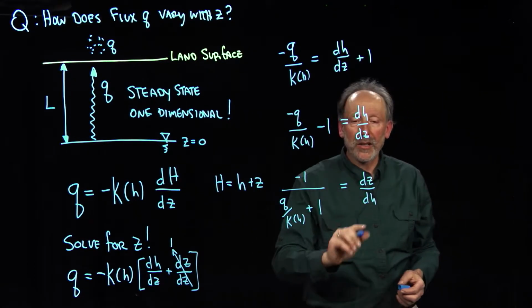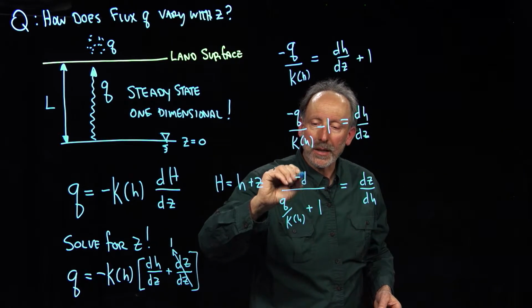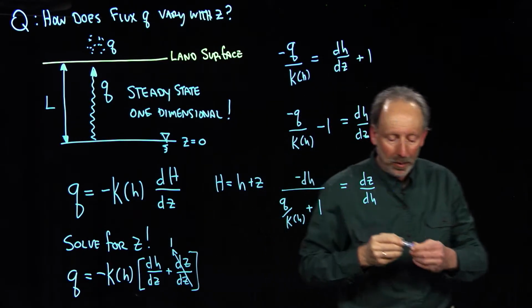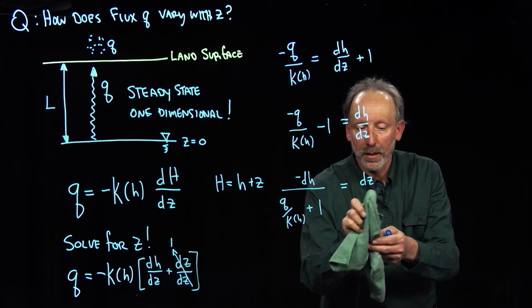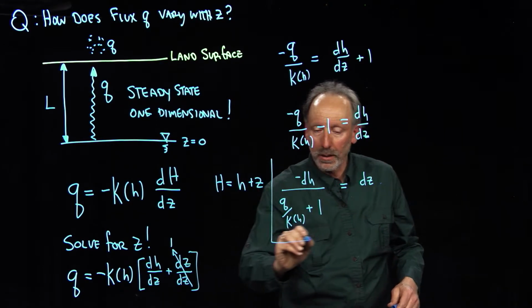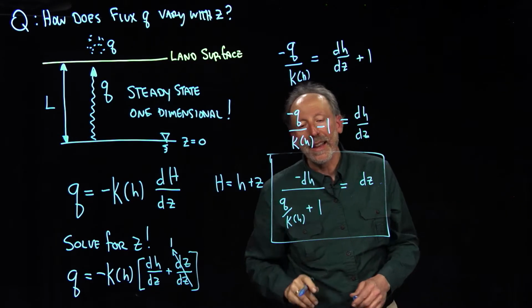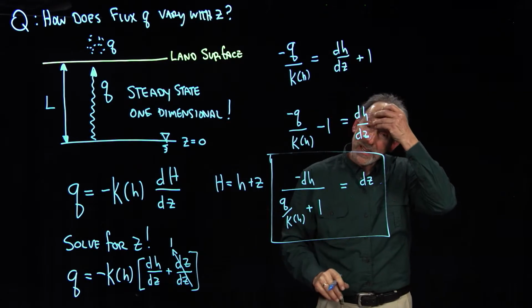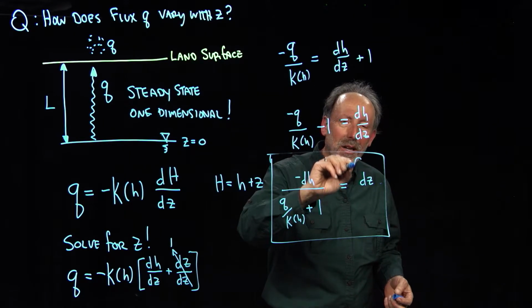And now, of course, final step, I'm going to multiply both sides by a little dH, and this will become a dH over here, and we'll get rid of the dH over here. So now we have this wonderful equation that gives us z on one side, everything in terms of H on the other side. Great. What are we going to do? Of course, we're going to integrate it. So let's integrate both sides.